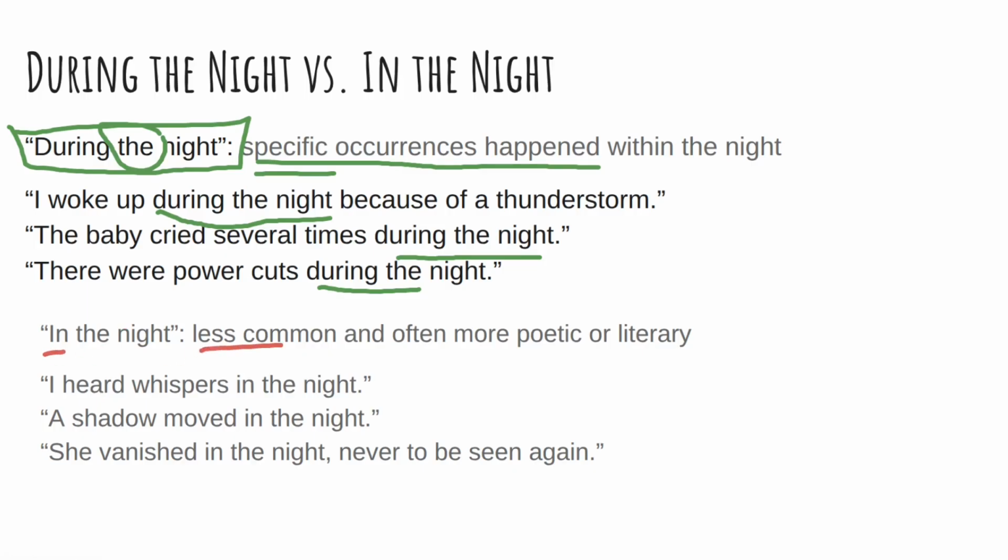I heard whispers in the night. A shadow moved in the night. She vanished in the night, never to be seen again. Avoid incorrect forms. During night must be during the night. In night must be in the night if used at all.